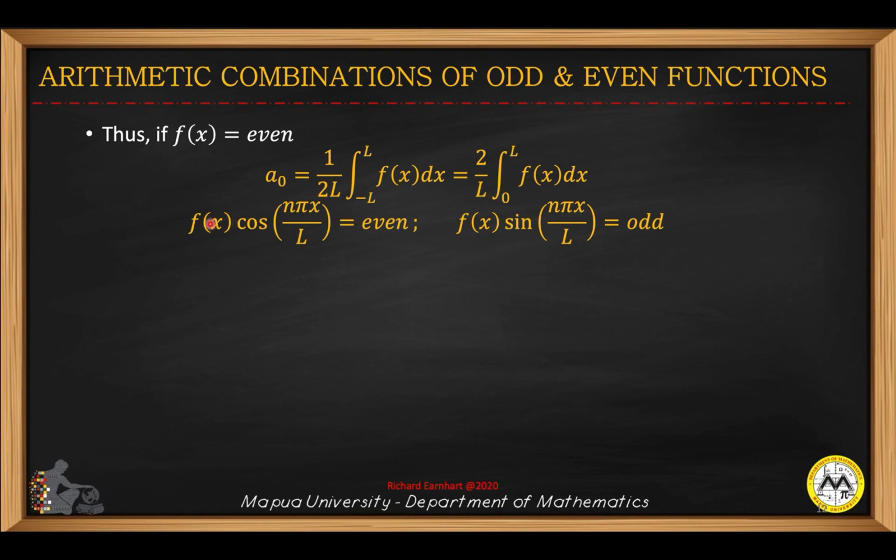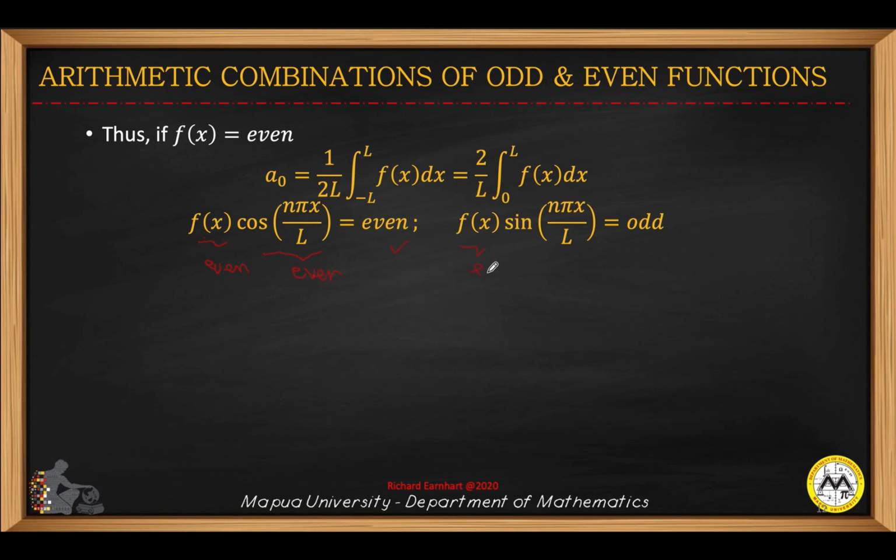Take note that this is even. Cosine is known to be even, so when you multiply, you get an even function.